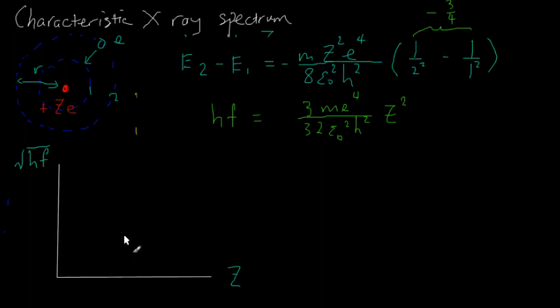Now if I do that, I would expect to get a straight line, and let me make that a little bit more explicit. If I take the square root of this, the square cancels. So if I think about this as y, this as m, and this as x, I get y equals mx, which is the equation for a straight line.